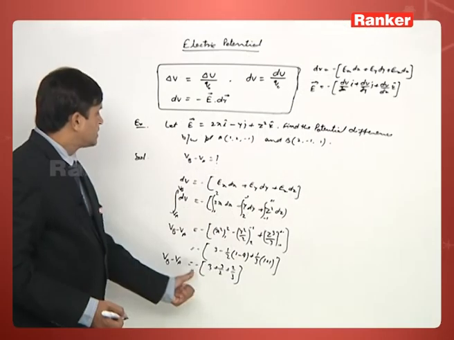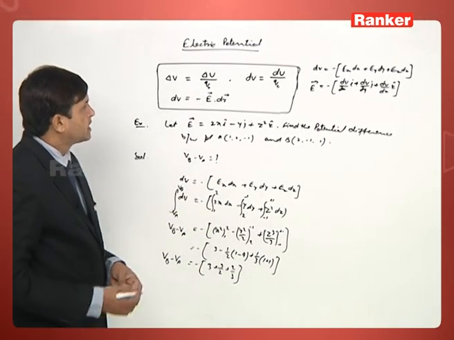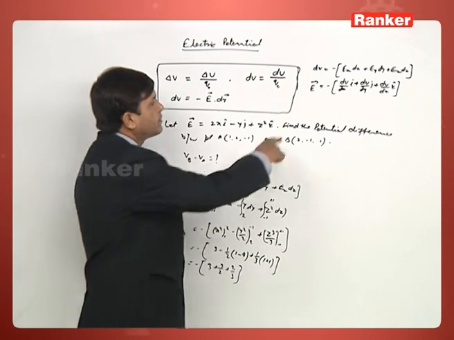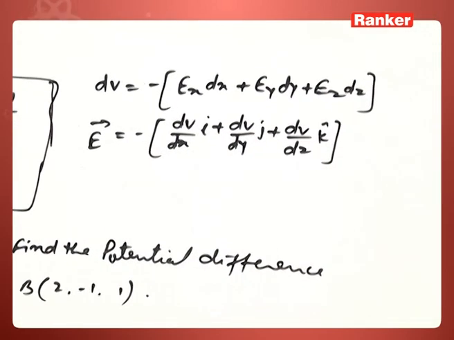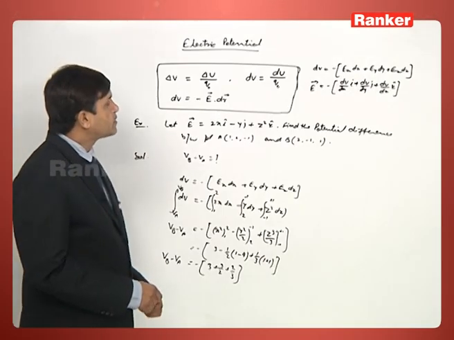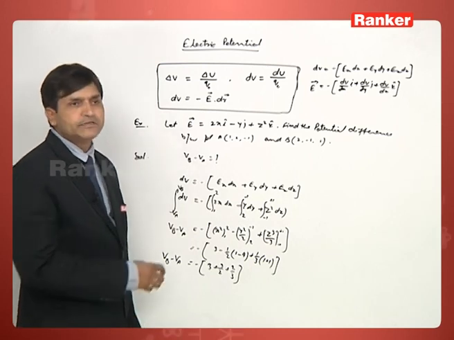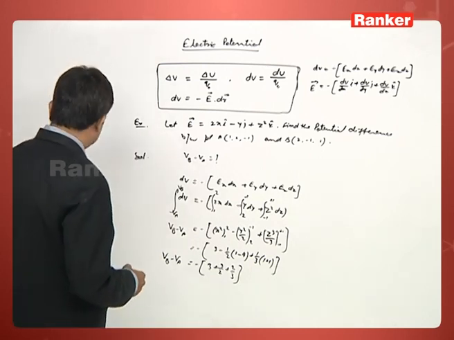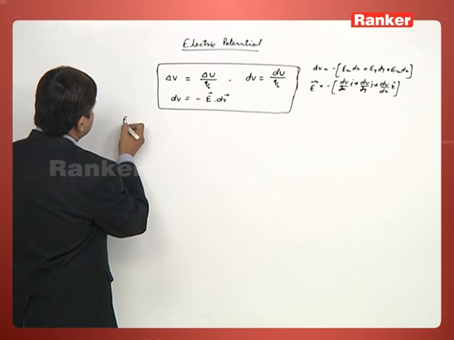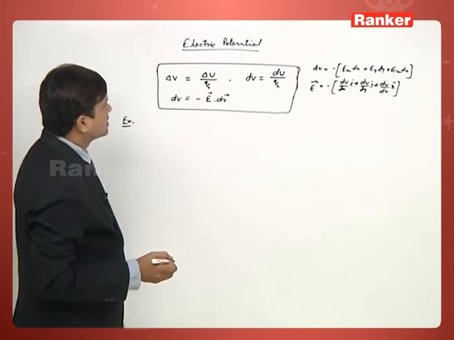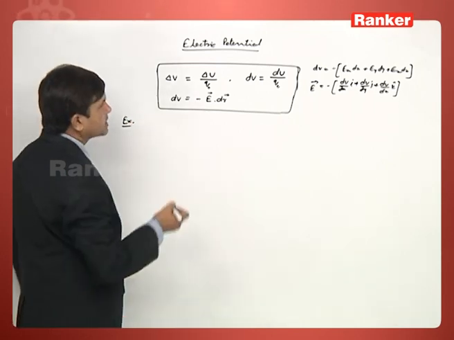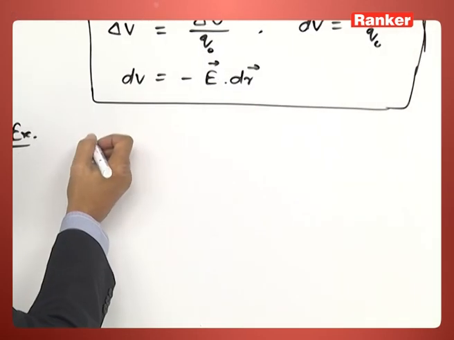By simply we can use this relation. Similarly, if we want to find electric field, so see another example. From that we can get the electric field if this is the format. See another example. The potential in a space is given as a function of x, y, z.